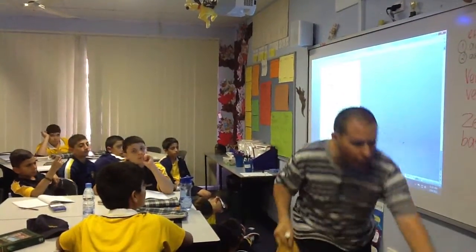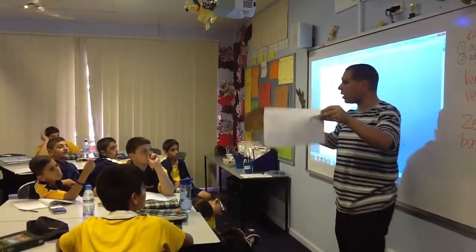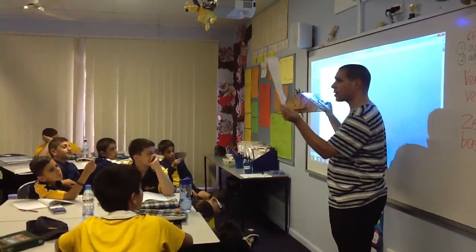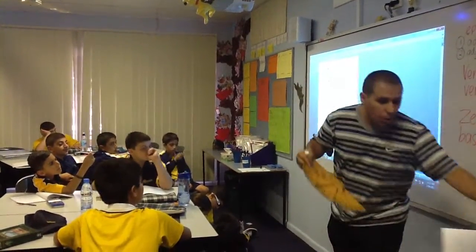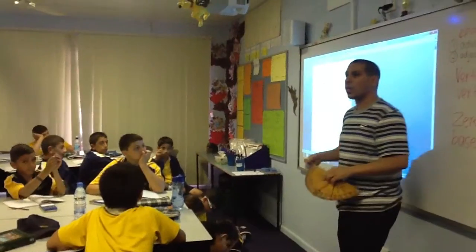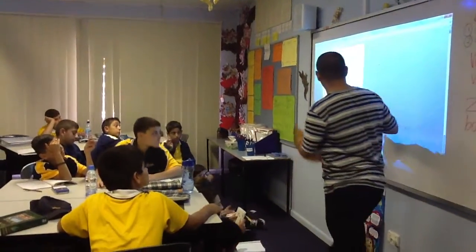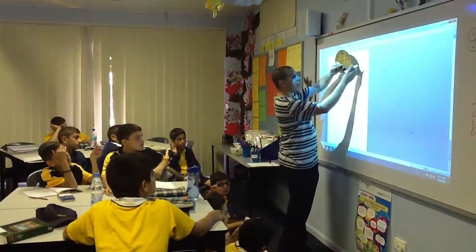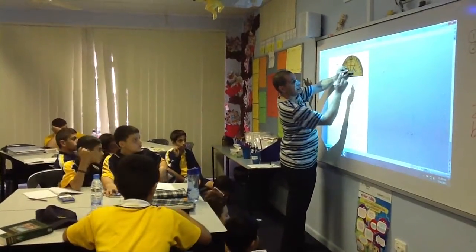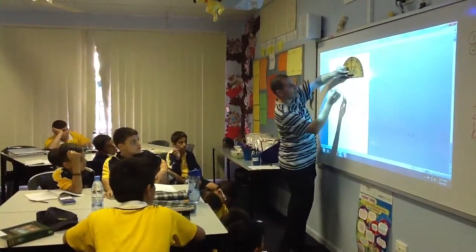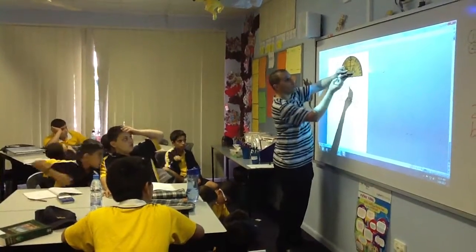And in the actual paper, the line will be thin, as well as your protractor's inside lines. So what do you think? What's the problem here? My protractor is hiding the second line that I need to use to measure my angle.